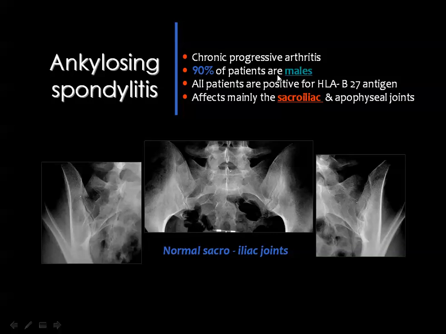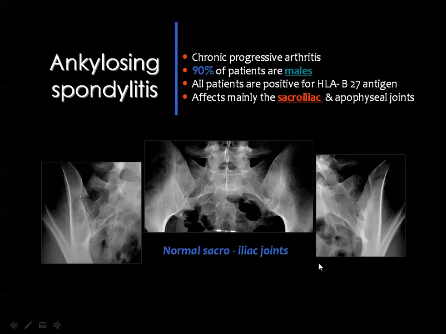About 90% of the patients are males, and this type of arthropathy has an intimate relation to the HLA-B27 antigen, which is present in most of these cases. Affection of the sacroiliac and apophyseal or facet joints is one of the standard manifestations of ankylosing spondylitis.